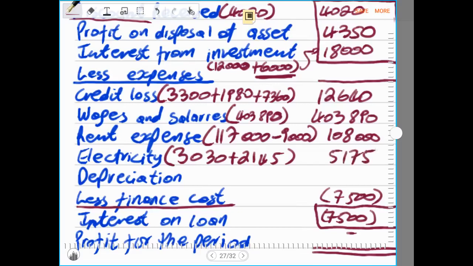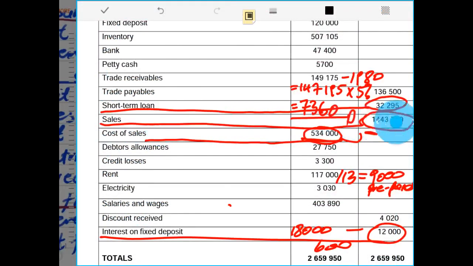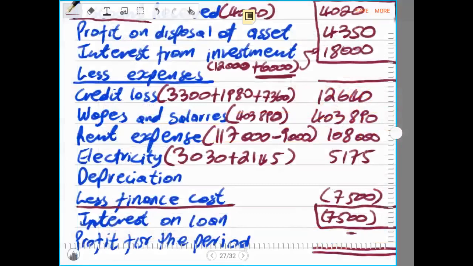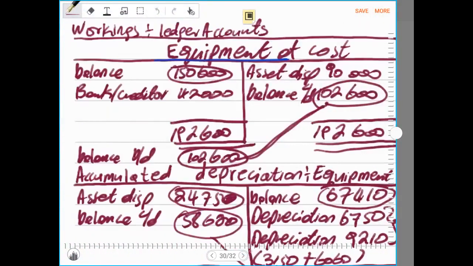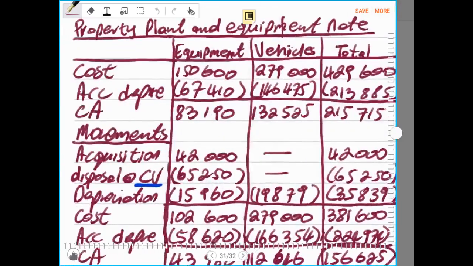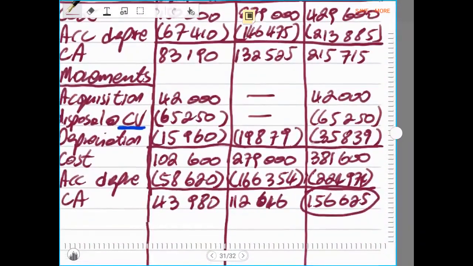And our depreciation will come from the ledger, from the property, plant and equipment note. We have done that, and our depreciation is 35,839.